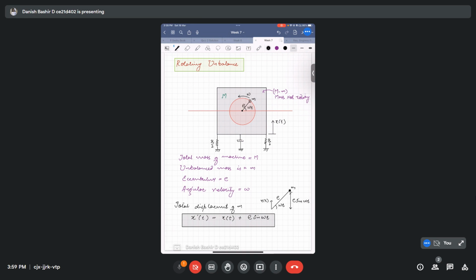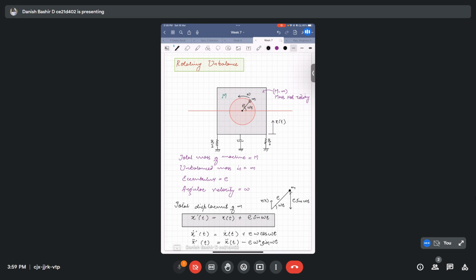Okay. So from this we can compute the velocity and acceleration. X dot dash of t will be equal to velocity of the whole machine plus e omega cos omega t, and similarly acceleration x double dot dash of t will be equal to acceleration of whole machine x double dot of t minus e omega square sin omega t.